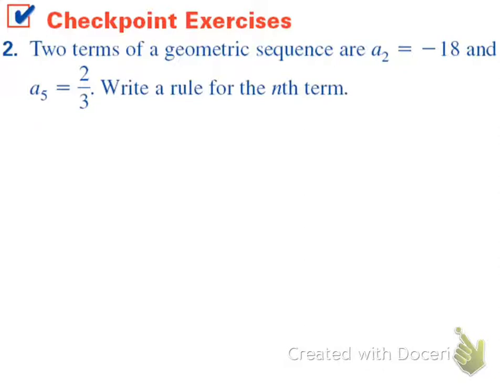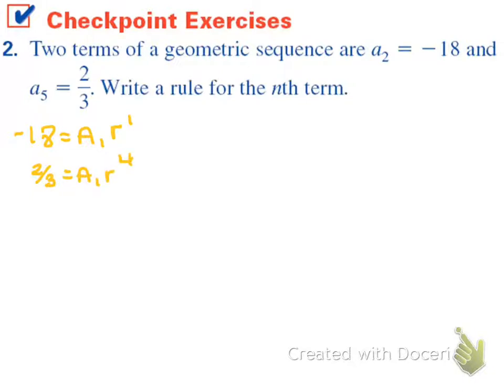Alright, the system of equations that you should have written for these would have been negative 18 is equal to the first term times r raised to the power of 1, and then 2/3 is equal to the first term times r raised to the power of 4.